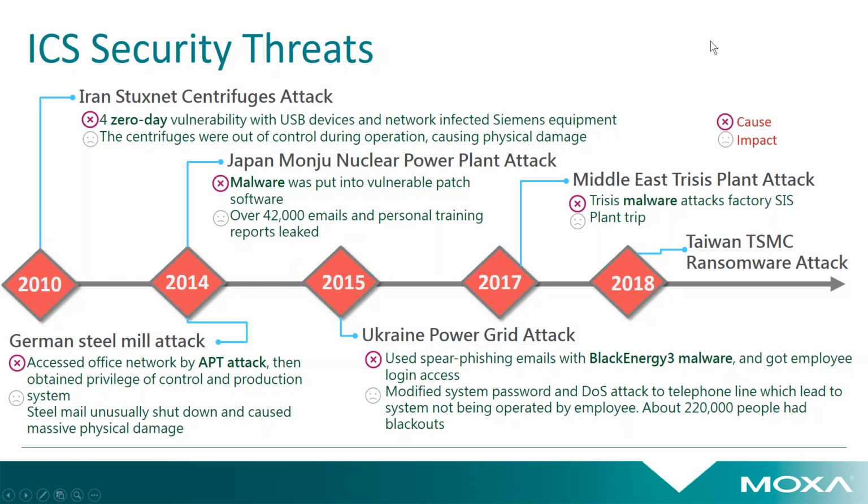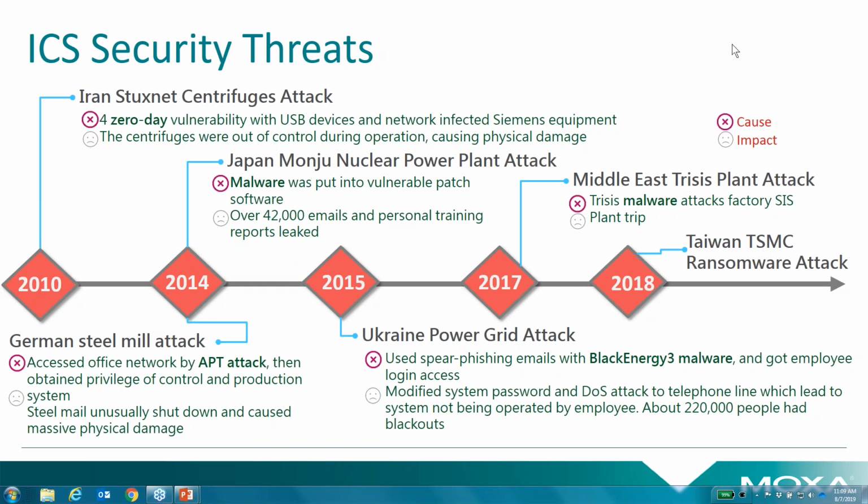Yeah, so as Rich mentioned, historically, cyber attacks in the industrial space have been around for many, many years. However, these are some very good examples where we have seen a significant impact in some of these customer environments. The first one, I think, as you have seen over the past, in 2010, is the Iran Stuxnet centrifuge attack.